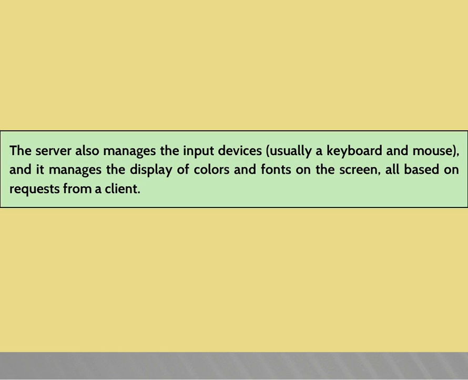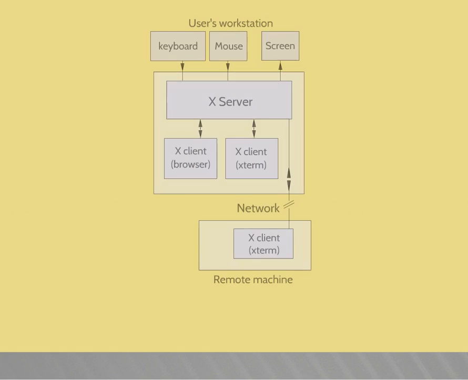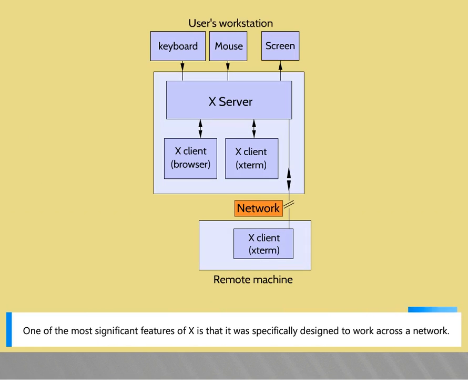The server also manages the input devices, that is usually a keyboard and mouse, and it manages the display of colors and fonts on the screen, all based on requests from a client. One of the most significant features of X is that it was specifically designed to work across a network.